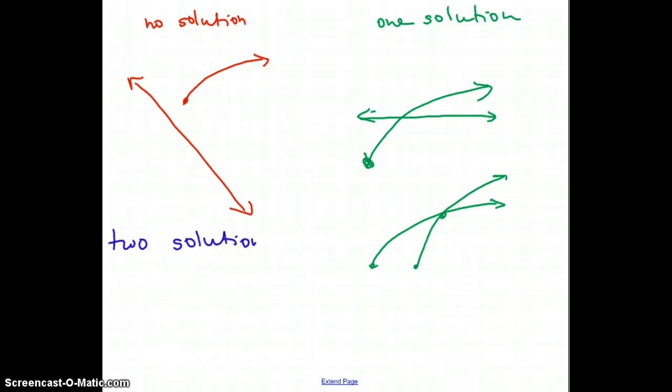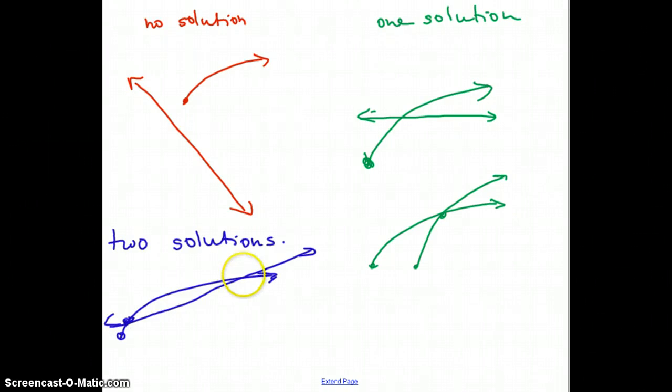So for two solutions, you can have a radical equation that has a graph, and a linear equation that has a graph that intersects the radical function in two places.